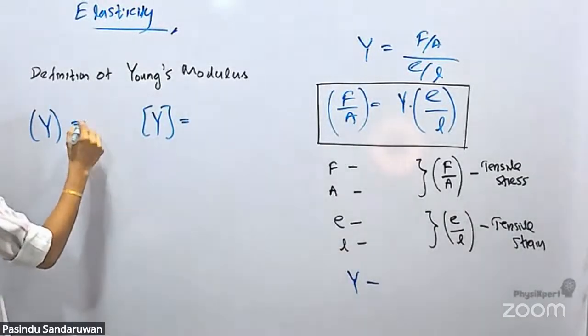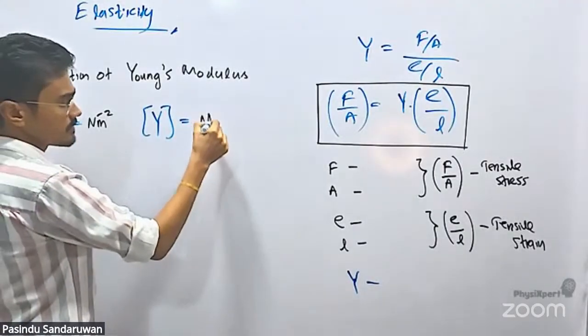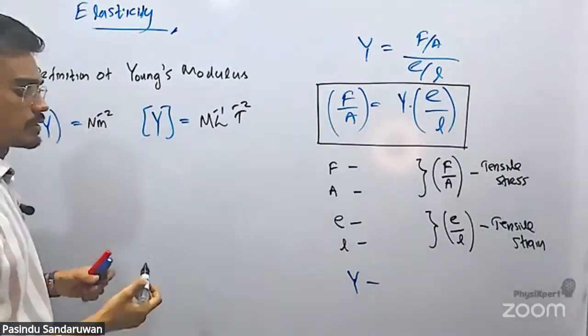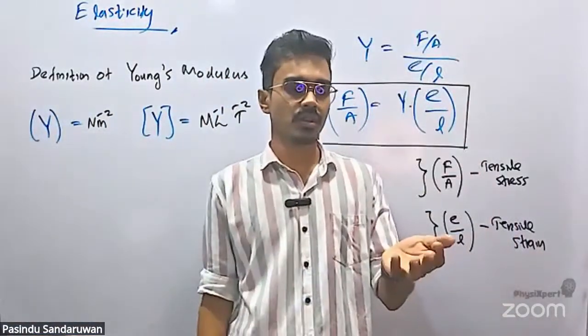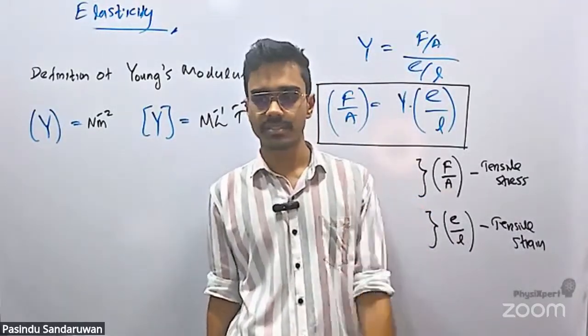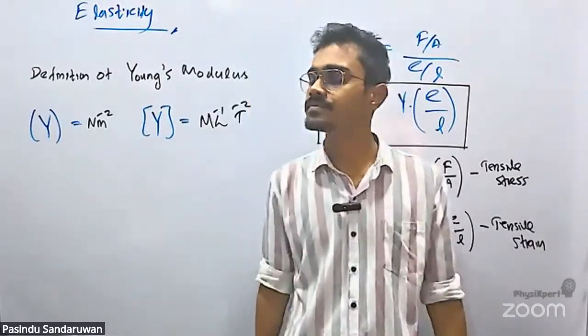Units will be same as before, N m minus 2. Dimensions will be same as before, M L minus 1 T minus 2. I told you initially also, any modulus is written as stress over strain. So any modulus has the same units and dimensions as pressure. Not only Young's modulus, any modulus has the same.